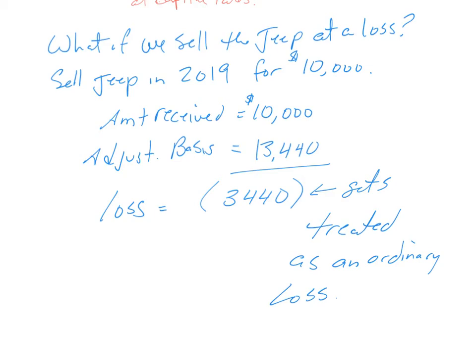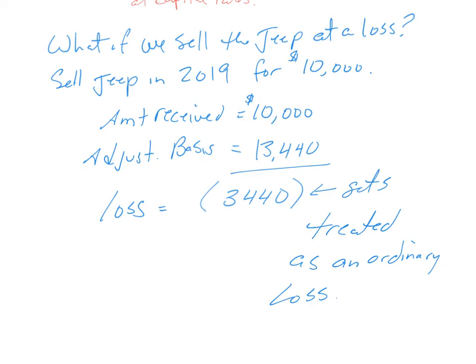Okay? So that's pretty cool. That gets to be netted against your ordinary income and is not limited to that $3,000 a year deduction like a capital loss would be. So those are the three scenarios for Section 1231.